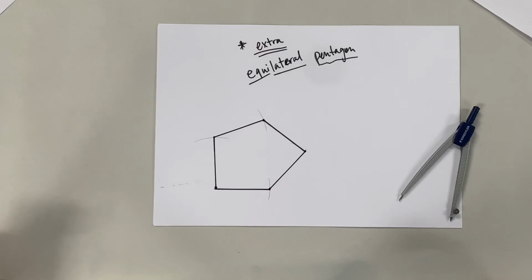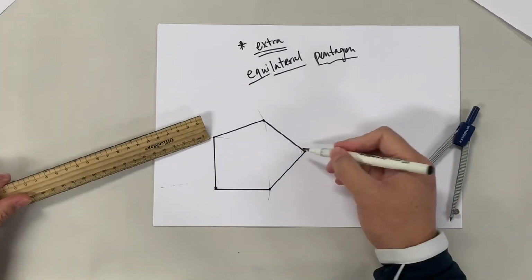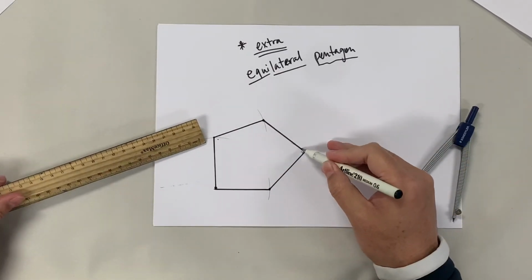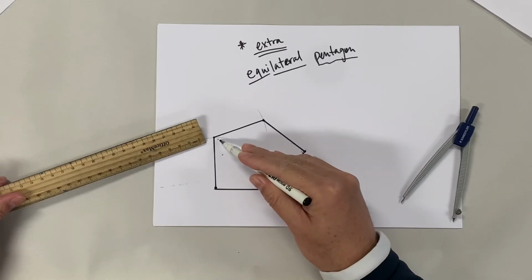Is this a regular pentagon? Well, it looks like it's not, because this angle here is a lot smaller than this angle. This is just under 90 degrees maybe. This is clearly an obtuse angle.